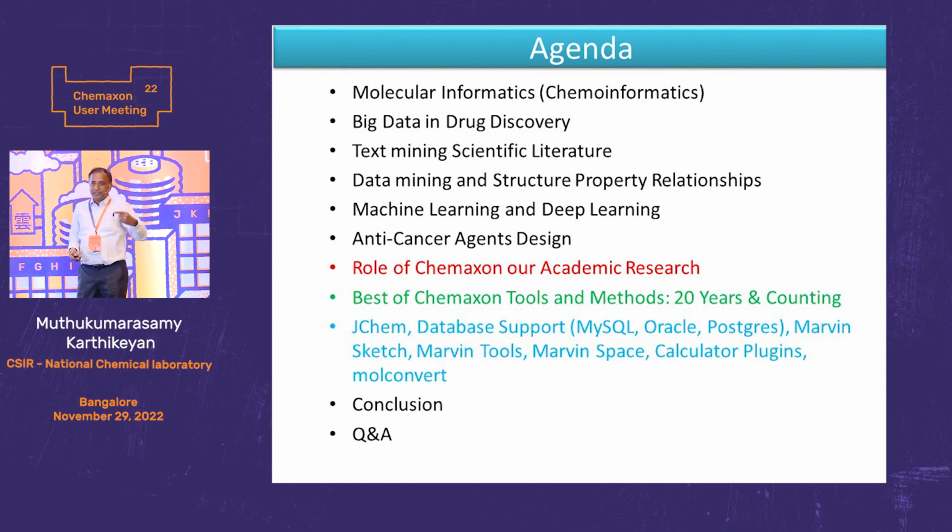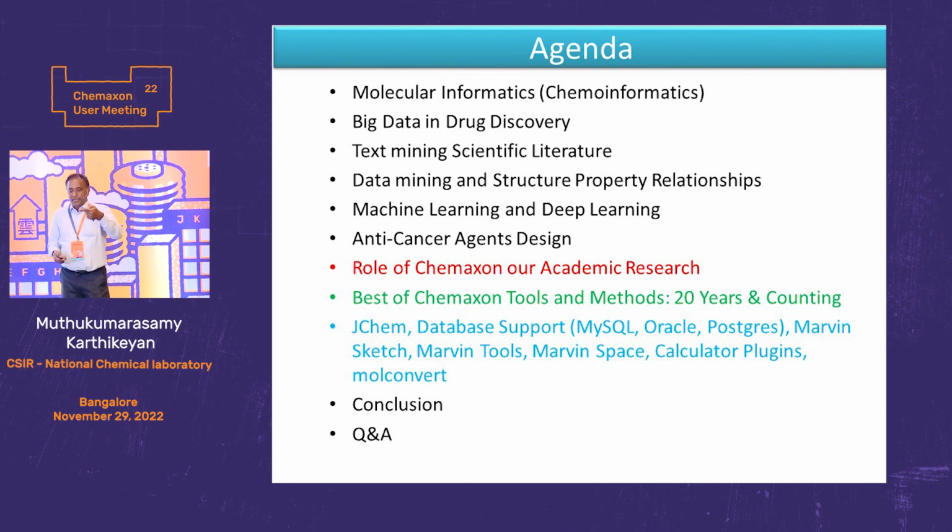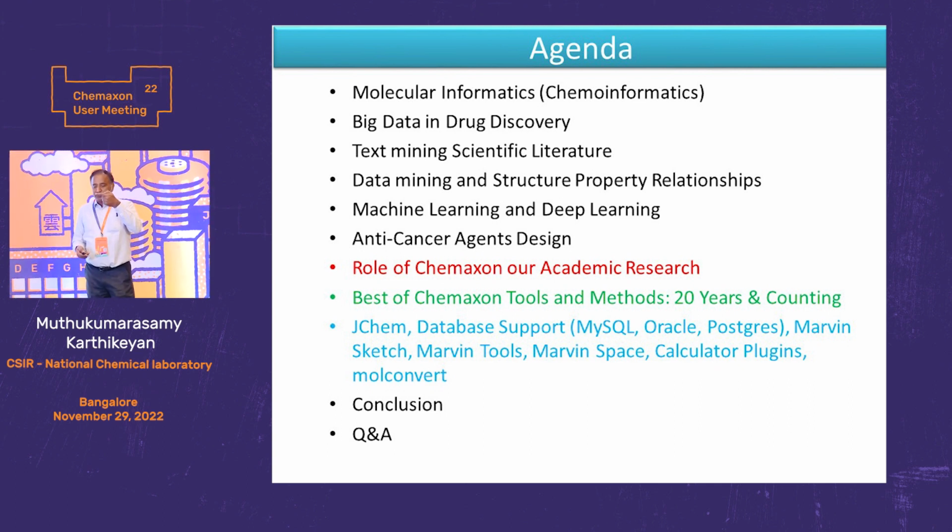Once you convert the name to structure, you then need to add molecular features, that is, molecular descriptors. Unless you add features to the molecule, you can't do machine learning, deep learning or prediction studies. So you start with literature, convert name to structure, structure to data, then structure-property relationship, and then you can come to machine learning, deep learning, AI technology.